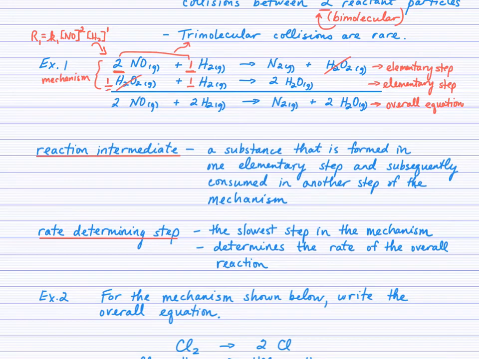So for that second step in the mechanism, the rate law is going to be the reaction intermediate concentration raised to the exponent 1 and the hydrogen gas concentration raised to the exponent 1. Okay, so for elementary steps, we use the coefficients for the exponents in the rate law.